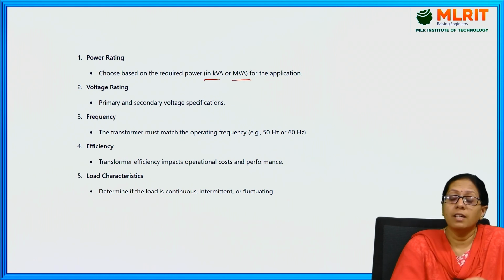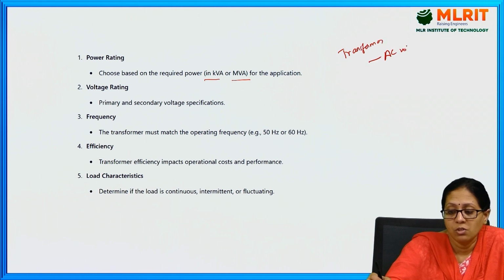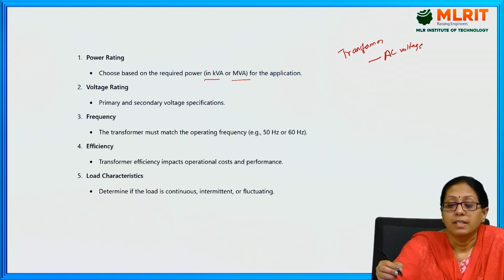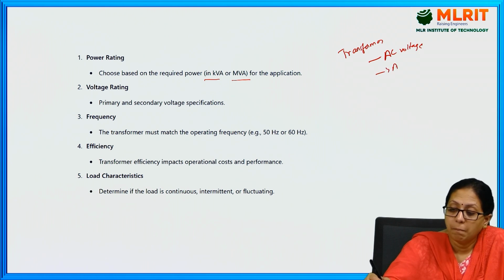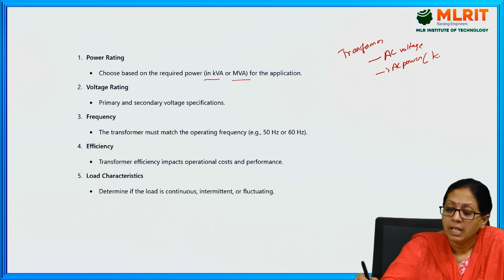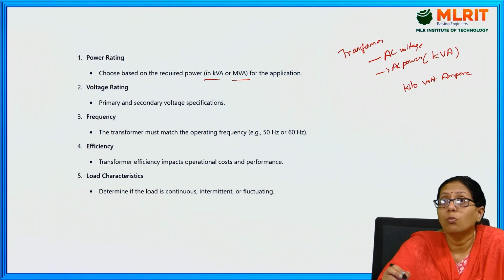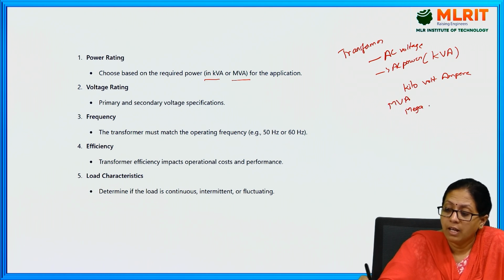As I said, the transformer works on AC voltage, and AC power is measured in kVA, that is kilovolt ampere, or MVA, that is megavolt ampere.